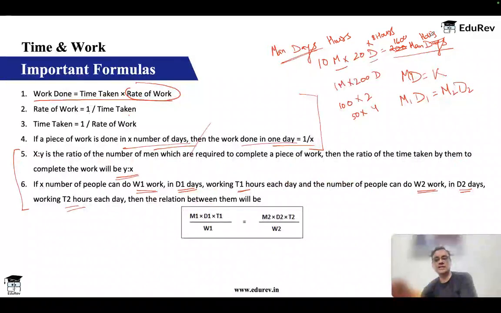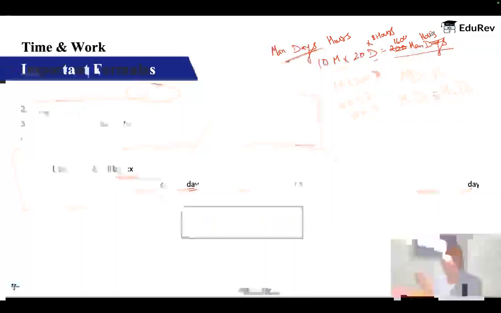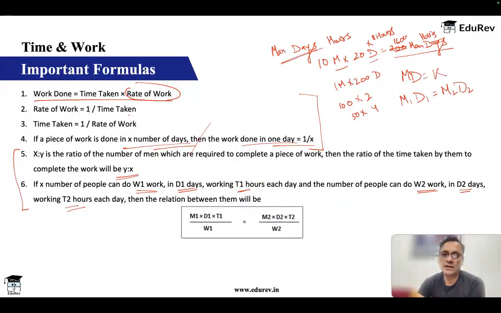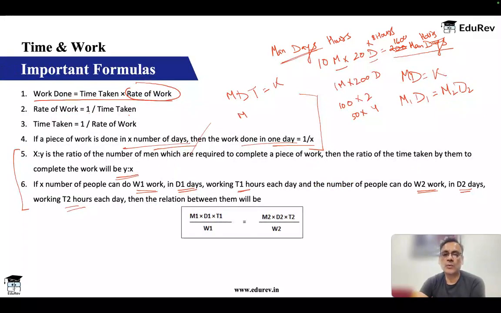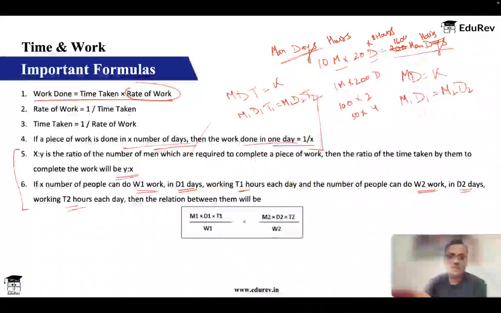This 1600 man hours is a constant, because that is the work. So men into days into time, which is 8 hours, is a constant. Or M1 D1 T1 is equal to M2 D2 T2, which is exactly what you have here. M1 D1 T1 is equal to M2 D2 T2.